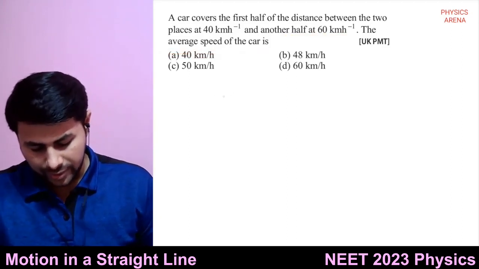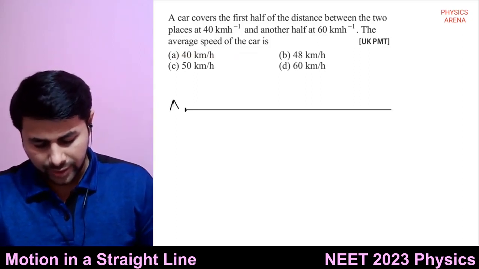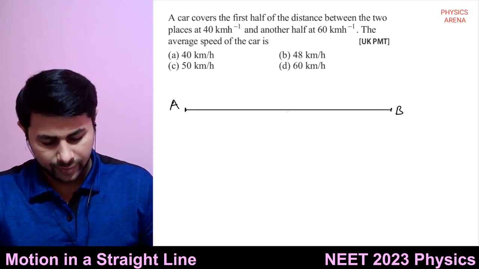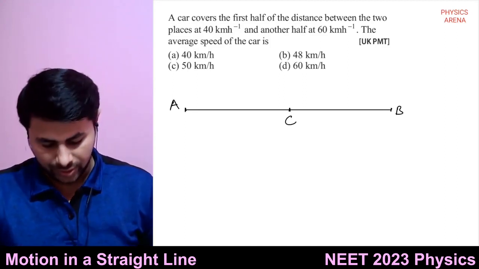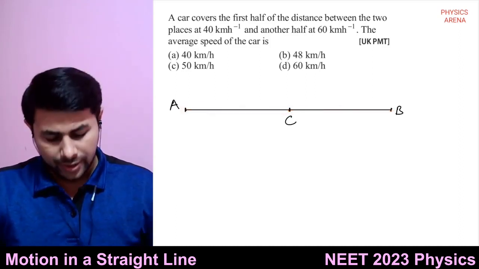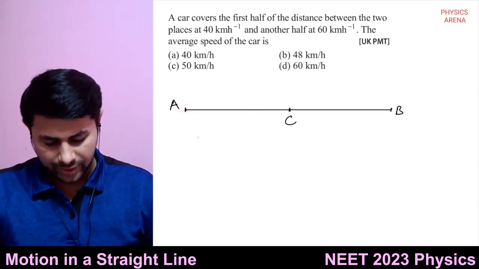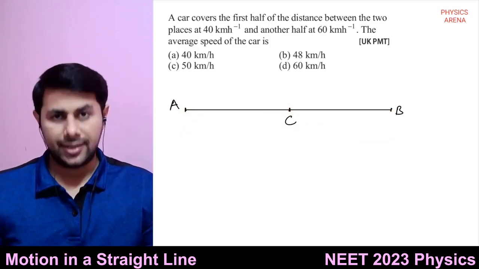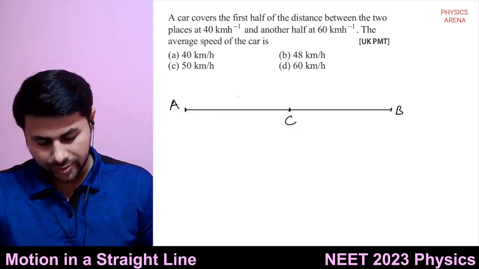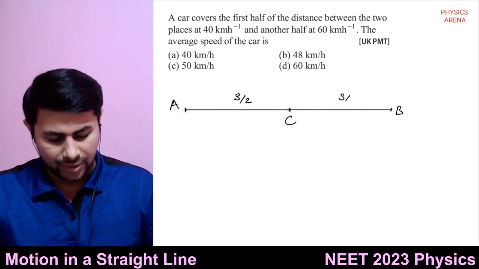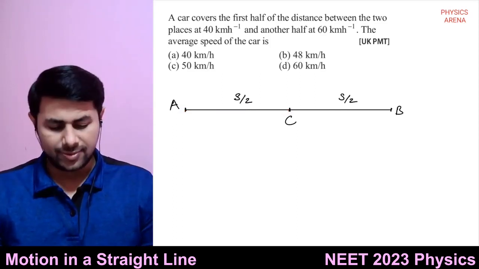Let's suppose the car moves from town A to town B, and there is another town C at the center of the road joining A and B. So let's say the total distance is S. So how much would this distance be? S by 2. The distance between A and C, and C and B, is S by 2.